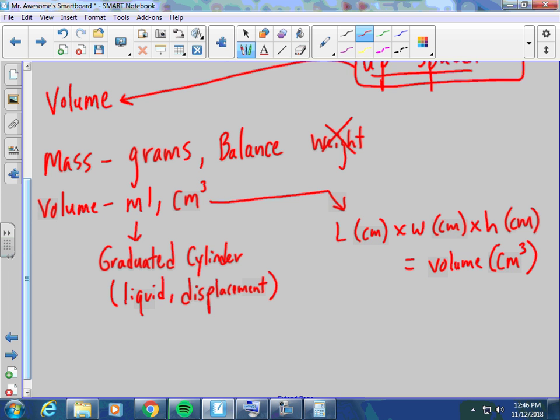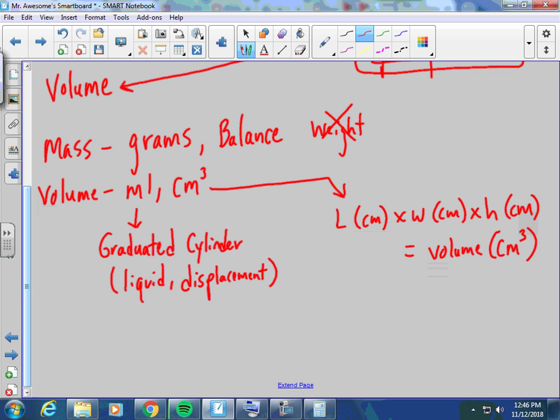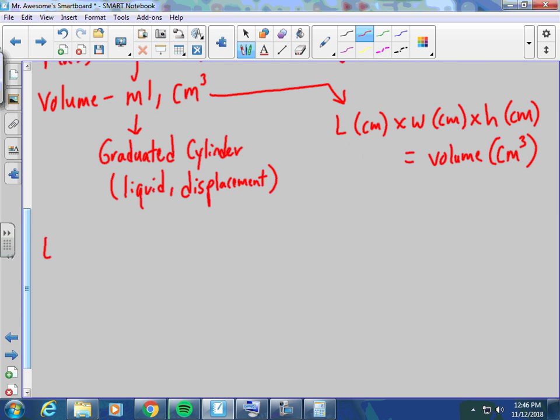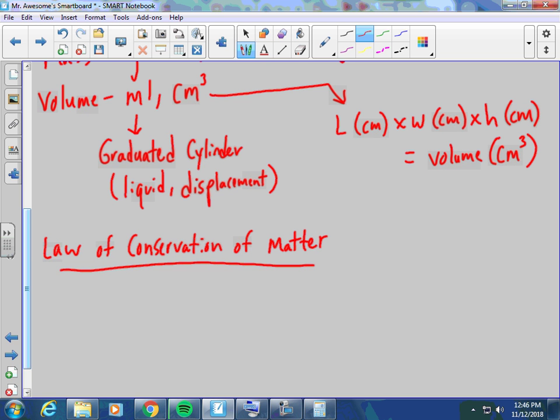You guys should know the law of conservation of matter, which means that matter cannot be created nor destroyed.